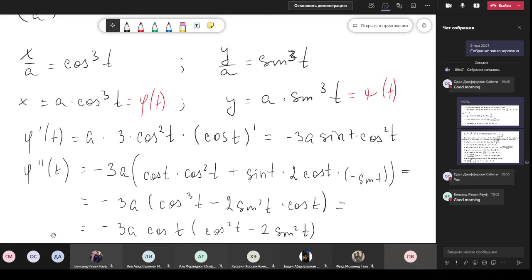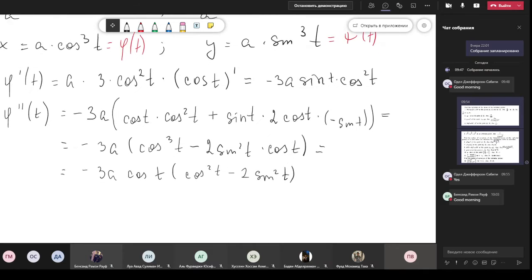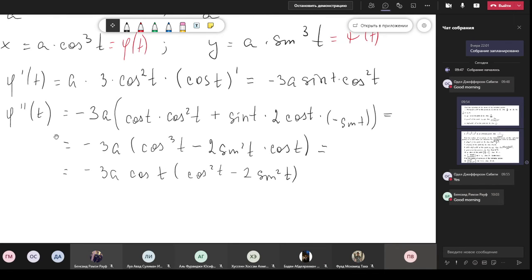Then consider the function y, function psi of t. The same way, we have psi prime of t. Calculate. We have 3a sine squared of t cosine of t.